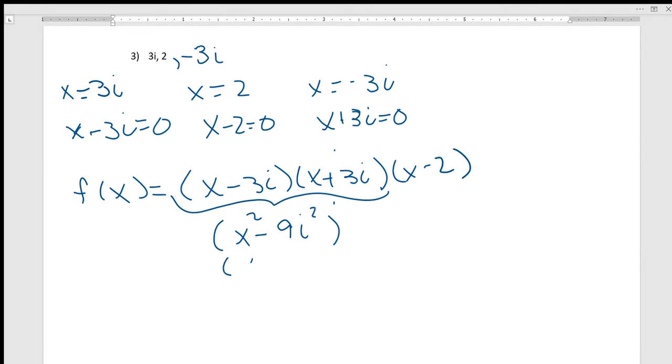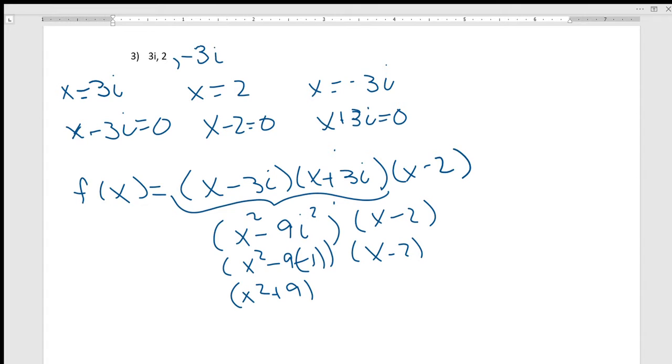And we know that i squared is also known as negative 1, and so we end up with x squared plus 9 for the first factor, and then of course the second factor, x minus 2, we're going to carry along in every step, and then finally distribute in our last step to get our final function.